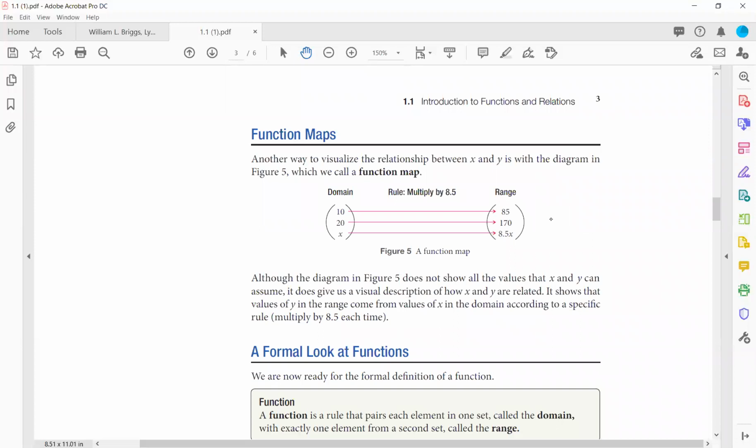So in general, a random variable like x is mapped to 8.5 times x. And we write it this way: f of x is equal to 8.5 times x. This is your function. As we mentioned, this is a linear function.